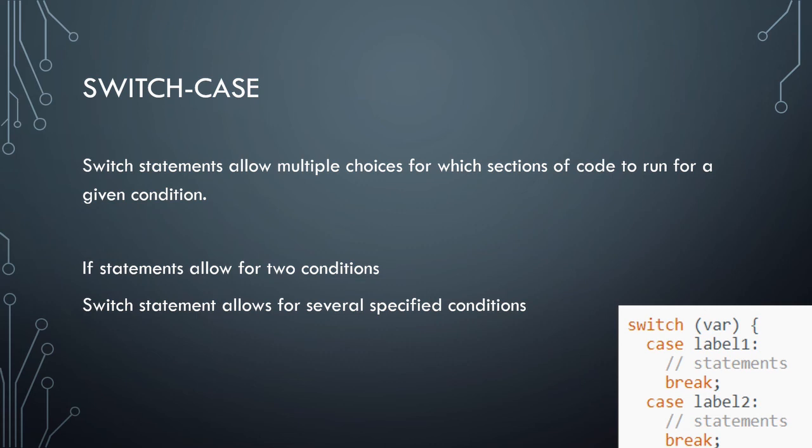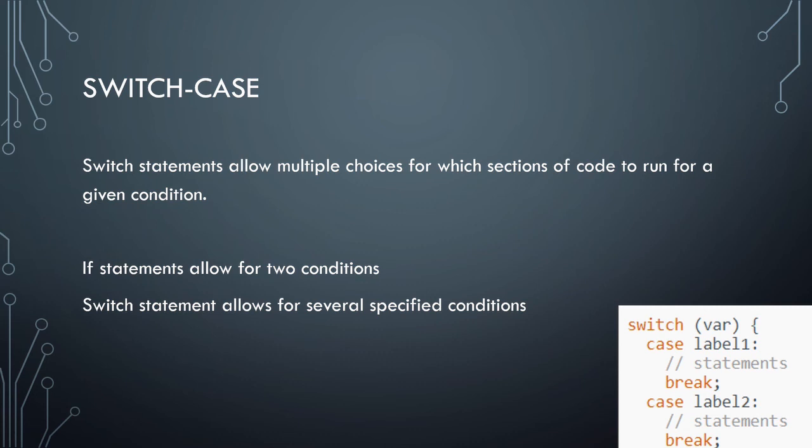So that essentially gives two options depending on what's happening. We can give ourselves more options if we use switch statements. So they'll allow for several, essentially an unlimited number of specified conditions within your code. Now, you don't want to have 200 switch case statements essentially, but you can certainly use much more and you have much more freedom than you do with an if-else statement.